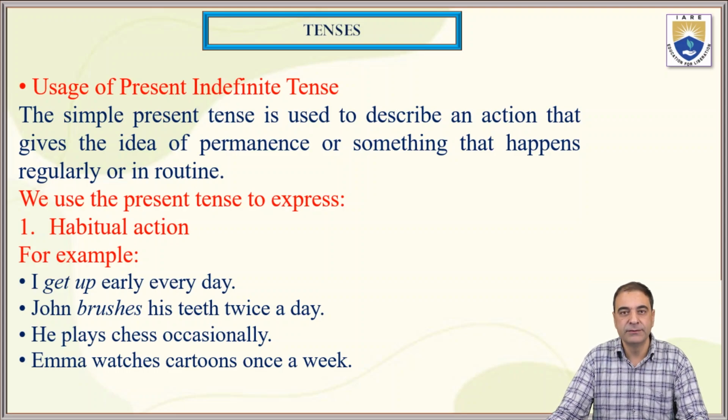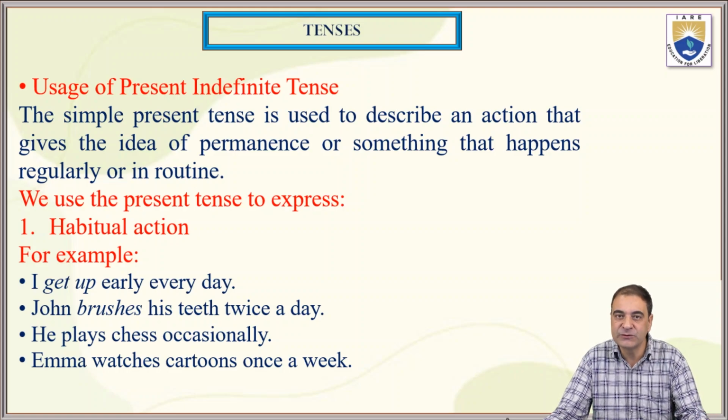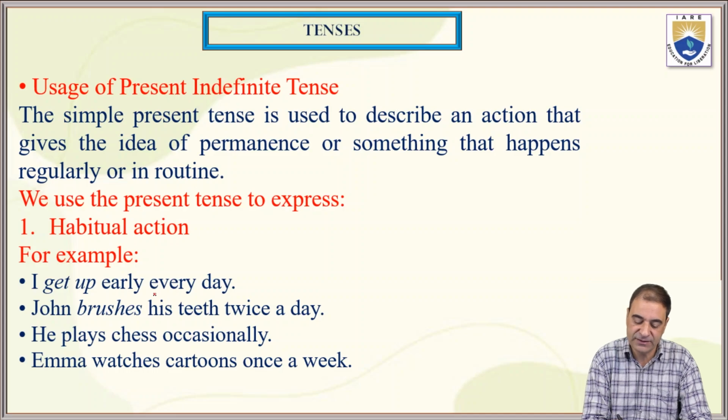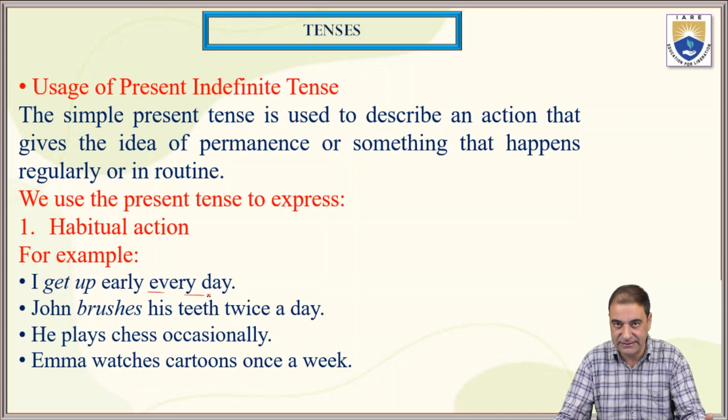But remember, here you need to look for indicators. Indicators mean the words that tell us that the action is about habit. For example, in the first sentence we have every day. It's an indicator. It shows me that the action is performed on a regular basis.